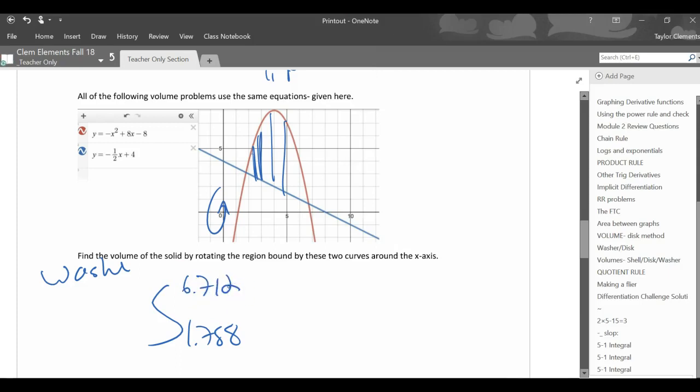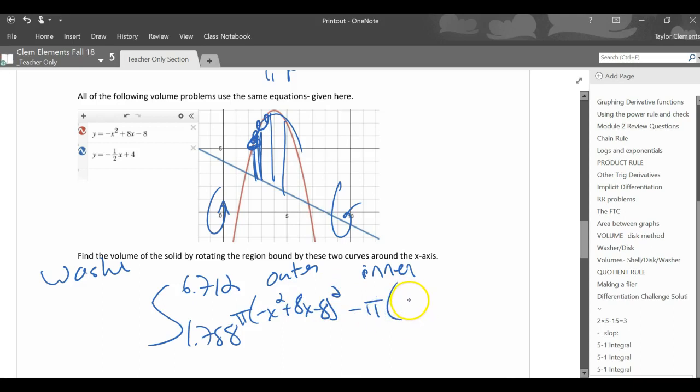All right, this is washer method, so I just need the outer radius minus the inner radius. So let's look at the picture here. This is your outer one, because you're rotating this way. So that's the red line. So the outer is going to be pi times r squared, minus pi times the inner, which is the blue one, 1/2 x squared.